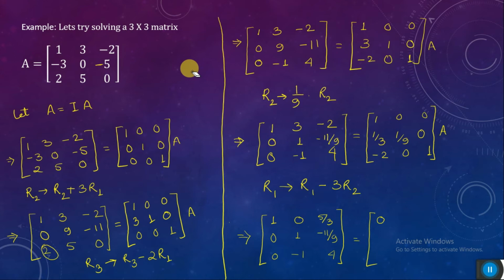The next one will be, look at this and read from here. 0 minus 3 into 1 by 9. So see what you will get, minus 1 by 3. Okay, next one.